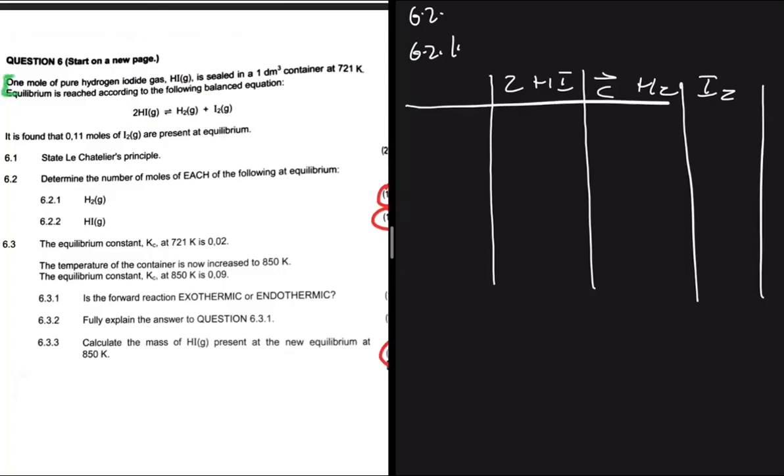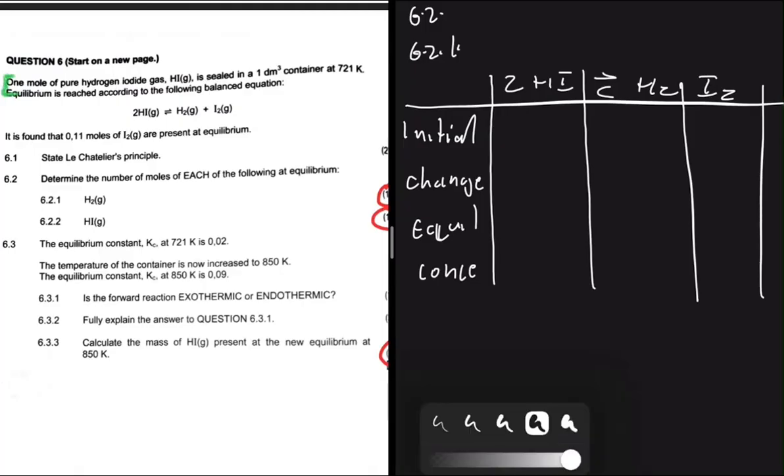So here we're going to have the initial number of moles on the first column, and then here we're going to have the change, and then here we're going to have the number of moles at equilibrium, and the last one we're going to have the concentration. So what we're given here is the initial number of moles of hydrogen iodide, right?